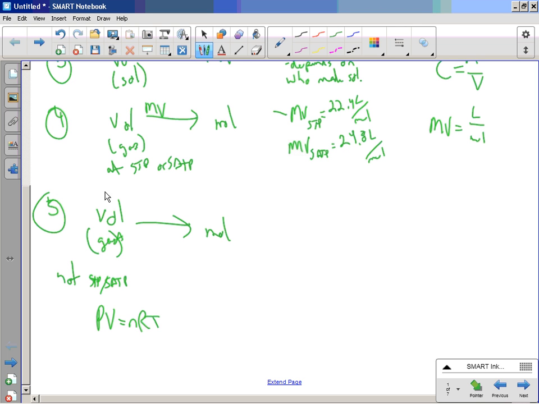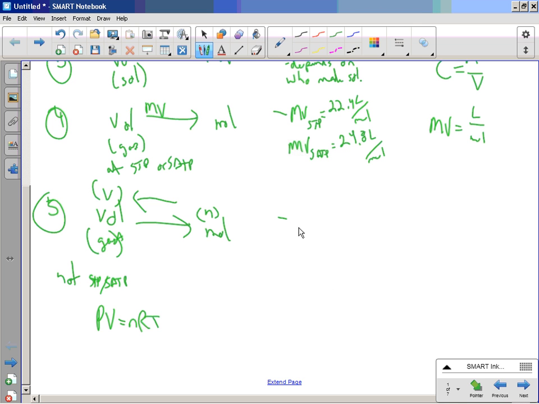And if I'm given the volume and I want to find moles, in other words, I want to find n, then I'm going to need the equation with the n on its own. In other words, I'd solve for n. And if I was going back the other way, I would then be solving for V. We'll do examples of this. So we solve for n if we're heading one way, and we solve for V if we're heading the other way.